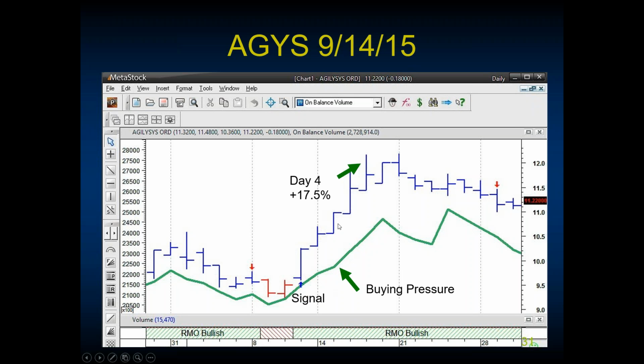Typically, if the buying pressure is up, the stock's moving up. As soon as it goes down, you see it flattens off here. You'll see it goes down here and the stock goes down. It's a pretty good leading indicator, and it definitely works in tandem with the other two to corroborate the strength of the signal and basically prevent you from getting into a situation that might not trigger the way you want it to.